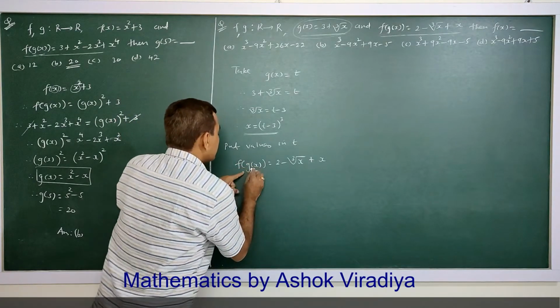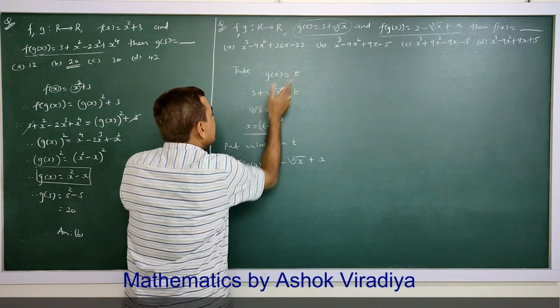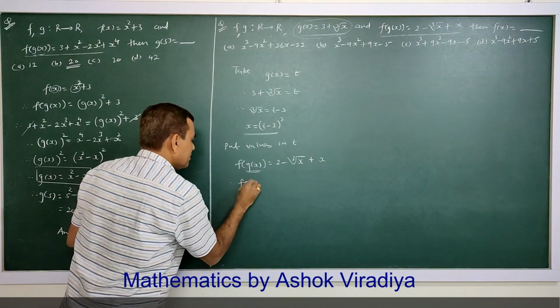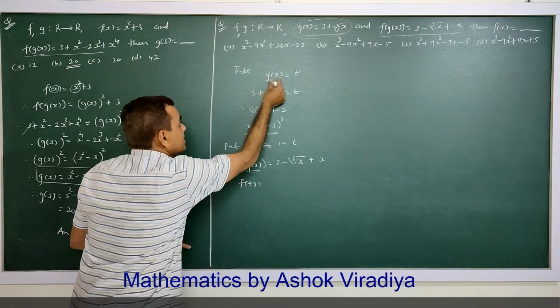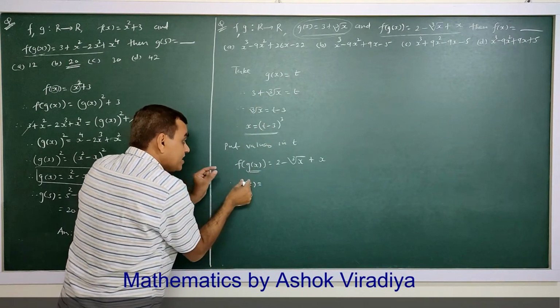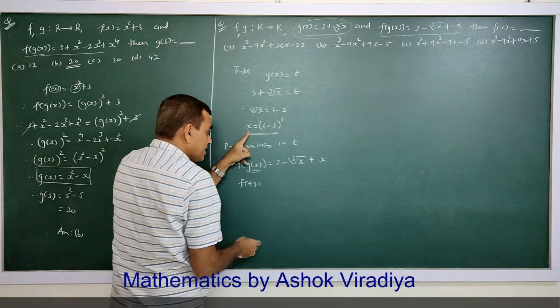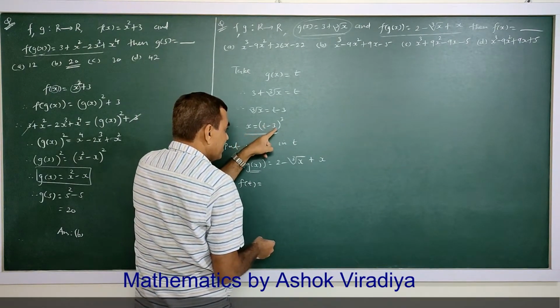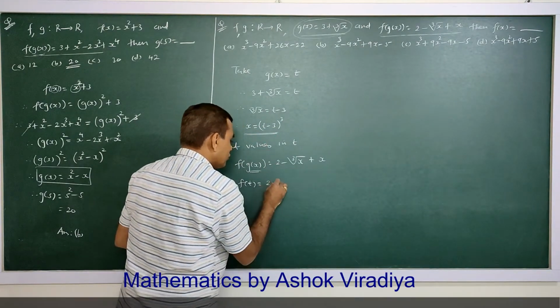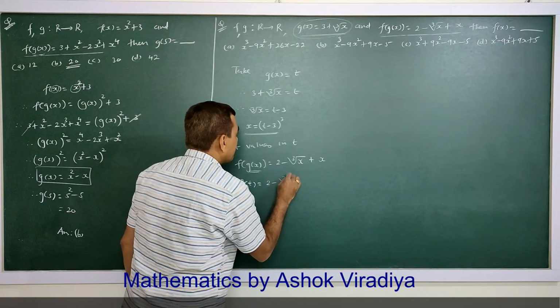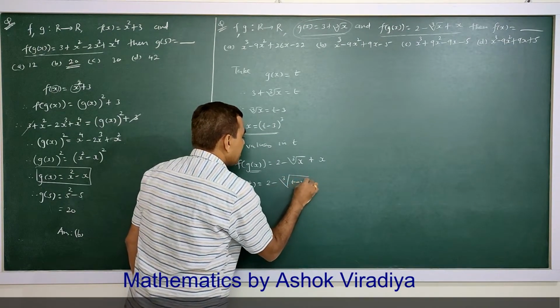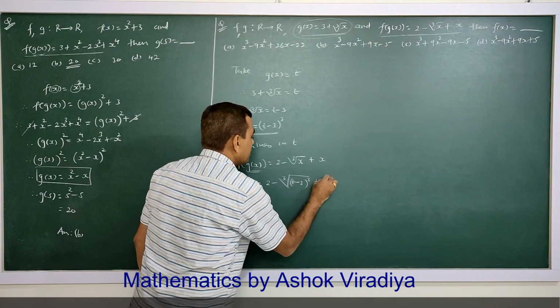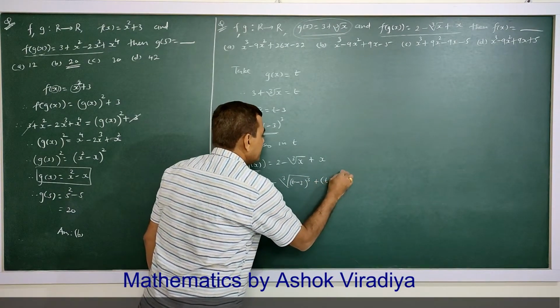So see, g of x was t. When g of x is t, at that time x is (t minus 3) whole cube. So 2 minus cube root of (t minus 3) whole cube plus (t minus 3) whole cube.